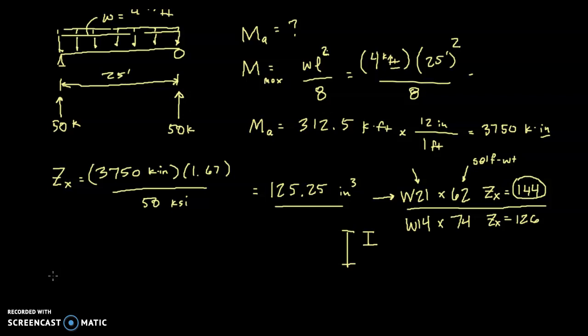So we need to find the additional moment caused by that self-weight. That moment is WL squared over 8. This time we're just looking at the self-weight. We've already calculated the plastic section modulus required for the externally applied load.